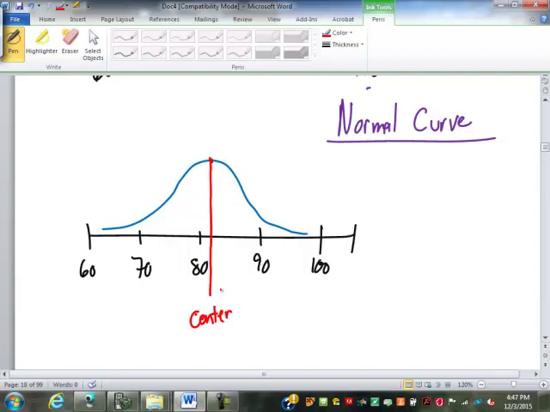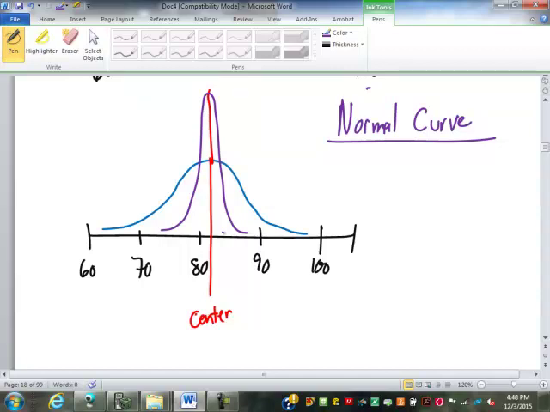But what else could change? Could I draw a curve that had that same center, that was drastically different from this curve, and still be a bell curve? Sure I can. Those two curves, the purple and blue curves, have the same center. Are they alike? Not really. The purple one's way narrower, right?